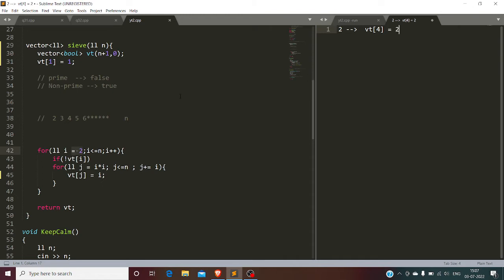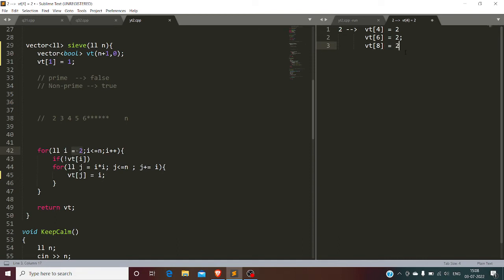So i is 2, so I stored 2 into 4, then it goes to 6, then it will say vt of 6 is equal to 2, then vt of 8 is equal to 2.